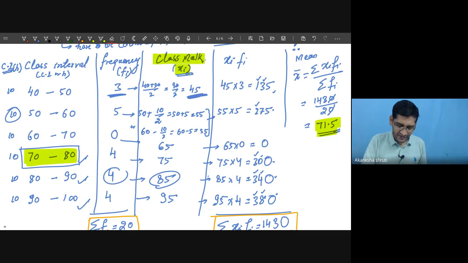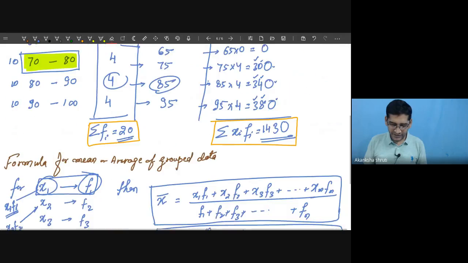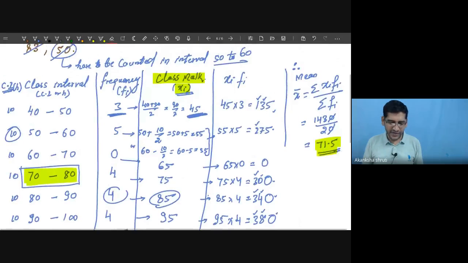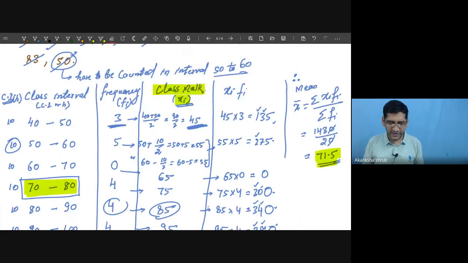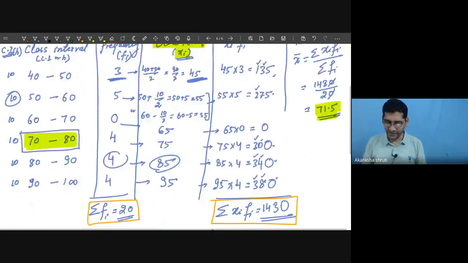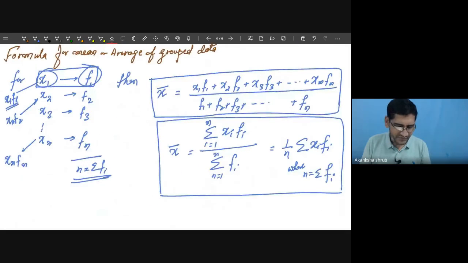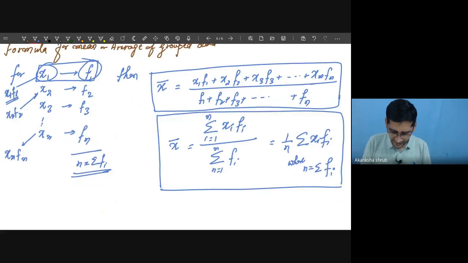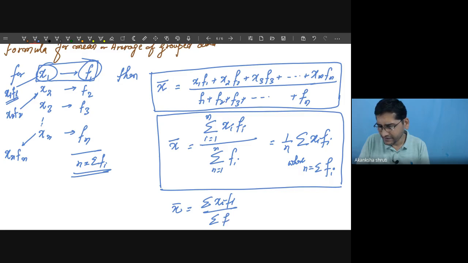This way the mean is calculated. Okay, so calculations are very easy. So first you have to make this table. From the class interval, you make the xi. From the xi and fi, calculate xi fi. You add it, then you put it in the formula. So the formula that we have written here is x bar is obtained by summation of xi fi divided by summation of fi.